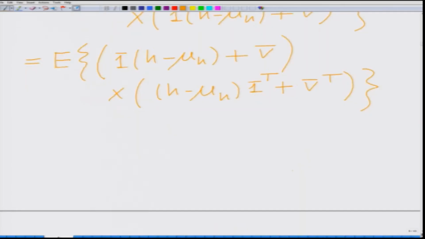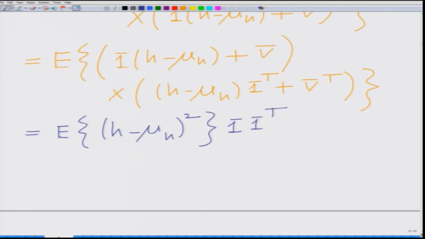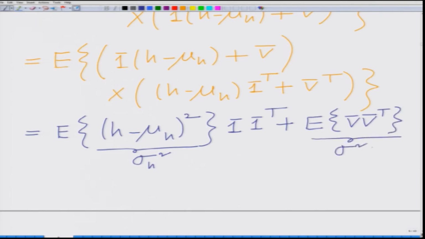If you multiply term by term, let us look at the first term: the expected value of h minus mu h squared times 1 bar 1 bar transpose. We know this is sigma h square. Plus, if you take the last two terms, you have the expected value of v bar v bar transpose. This we know is sigma square identity.